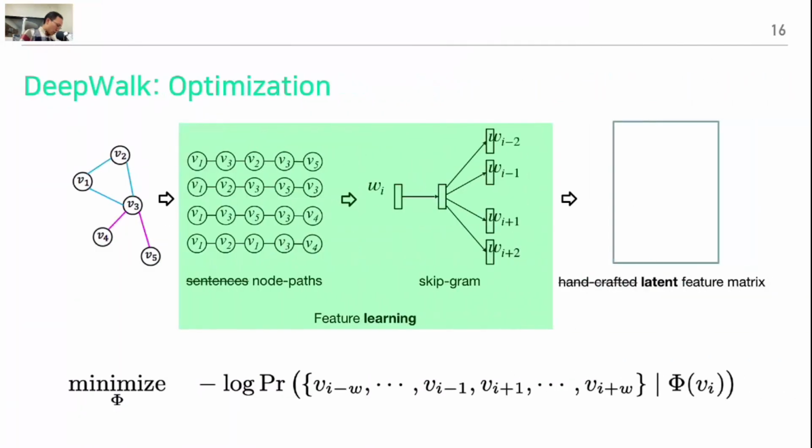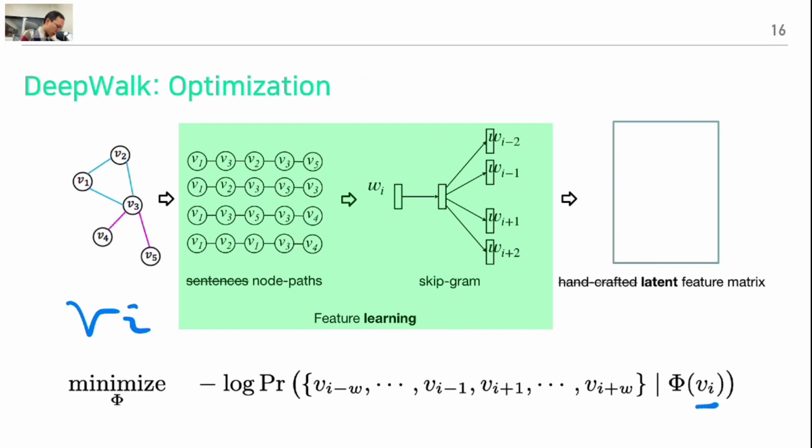So let's step further into the optimization. If you understand the optimization of the skipgram, you don't need to watch once again. So now we have the vi as an input, and we have their context.